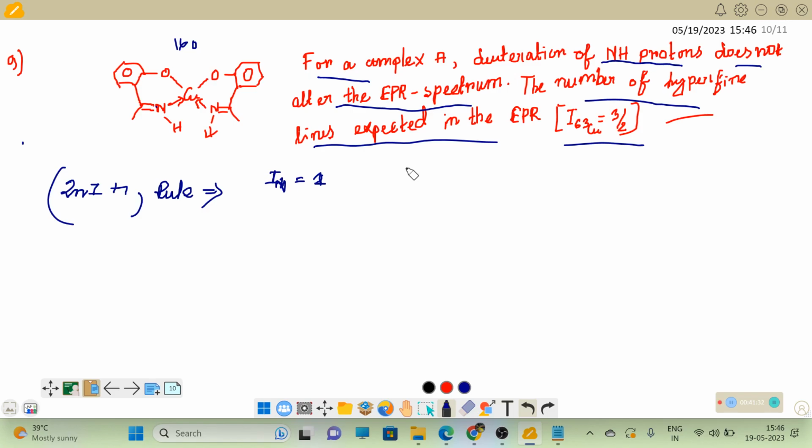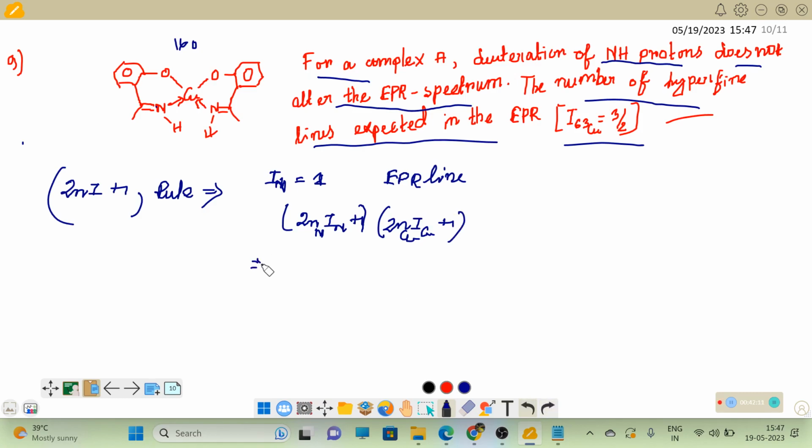So we will calculate the EPR lines by only nitrogen and copper, because they already told us that H protons do not alter the EPR lines. So it is (2n_N I_N plus 1) into (2n_Cu I_Cu plus 1). If the hydrogens were included, we would write another 2nI plus 1, but it is not there, so we will not calculate that.